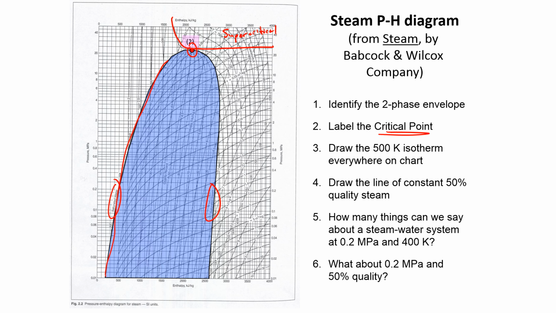Okay, so let's now draw the 500 K isotherm. Here is 600, here is 550, there's 450. Right there is the 500. If we keep it at 500 but change the pressure, we want to track what happens.